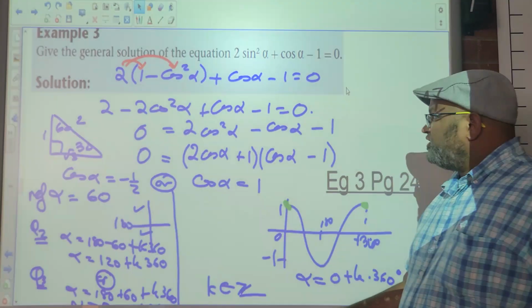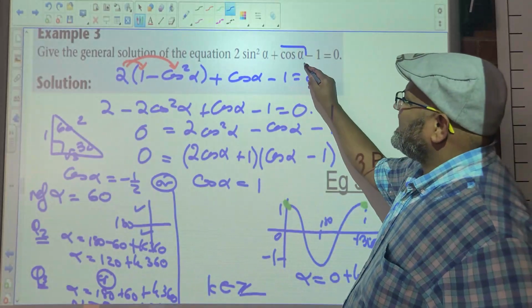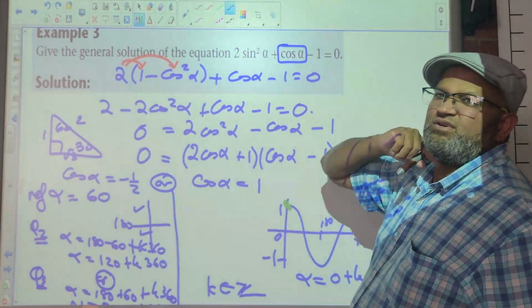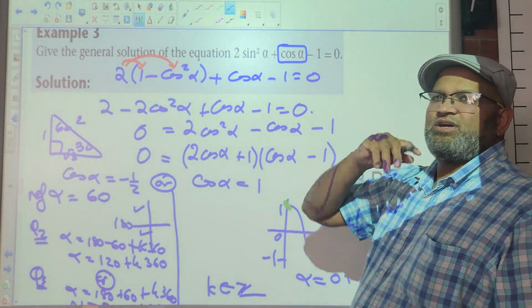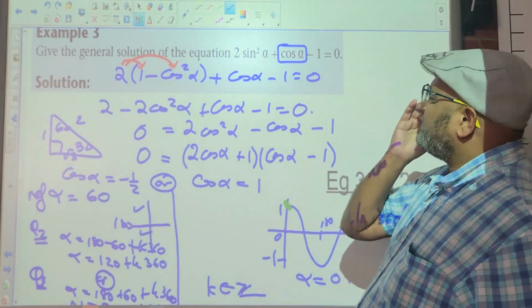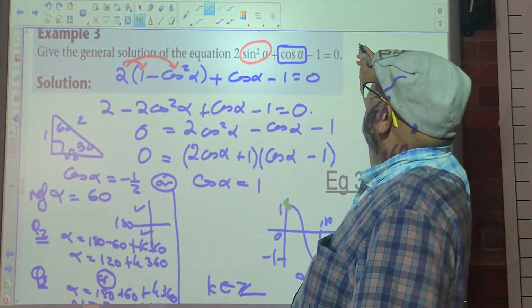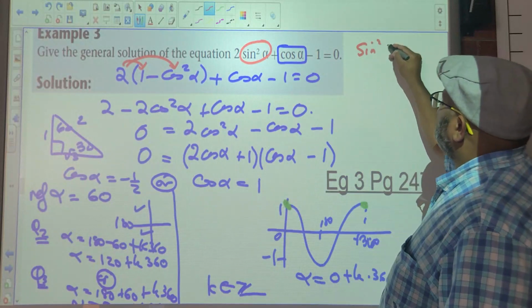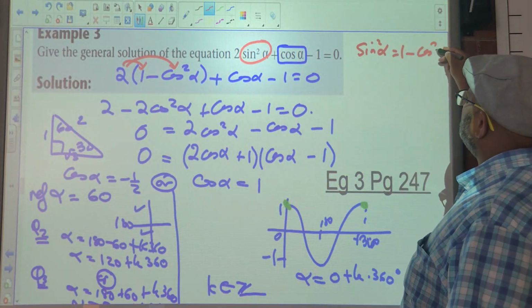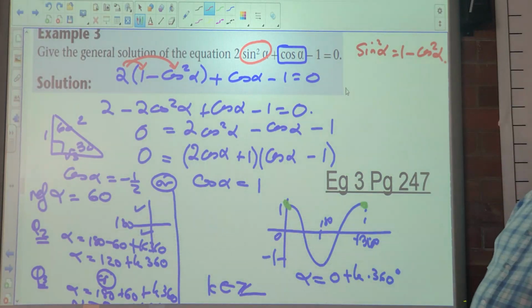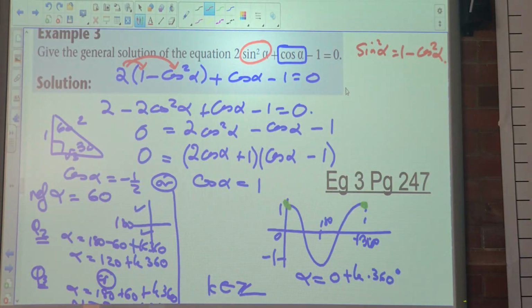Okay. But if you look here, I can't change the single cos alpha to sine of alpha, so that one has to stay. However, for the square, I know I can change the square. Sine squared alpha is equal to 1 minus cos squared alpha. The golden rule was. The squared I did it here.